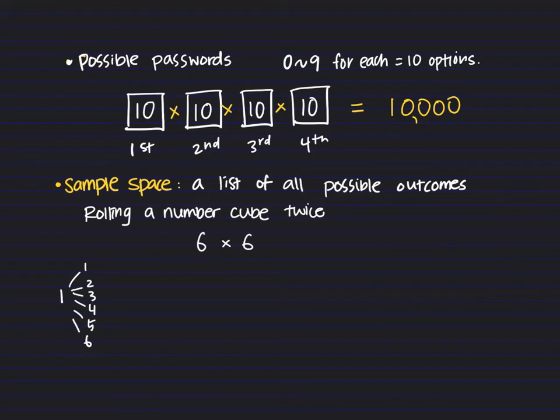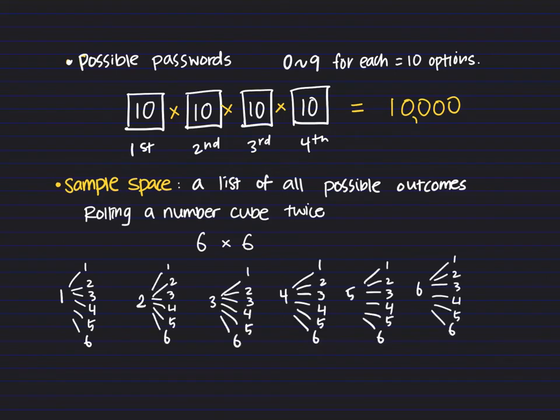And I have to repeat that for 1 through 6 in order to make sure I have all the sample space provided. So if I have all these 6 numbers, you can tell that I'll have a total of 36 possible outcomes, which is going to be the counting outcome part, and you have all the sample space.